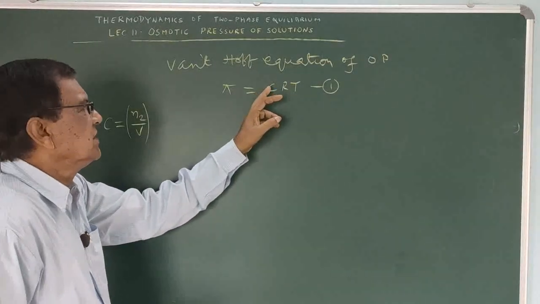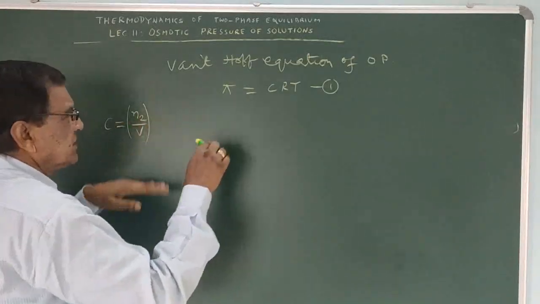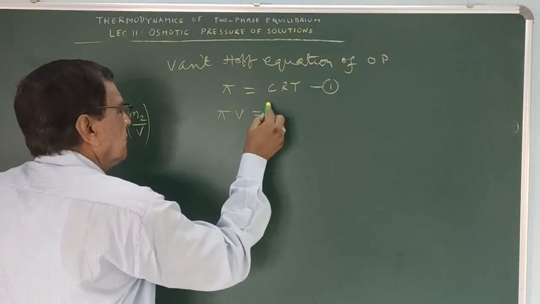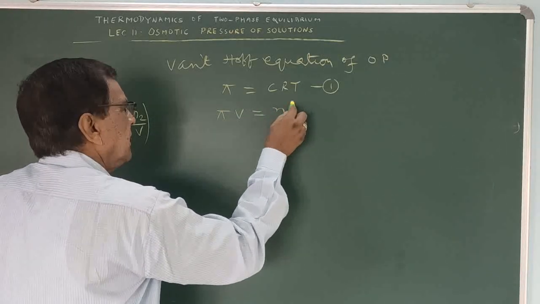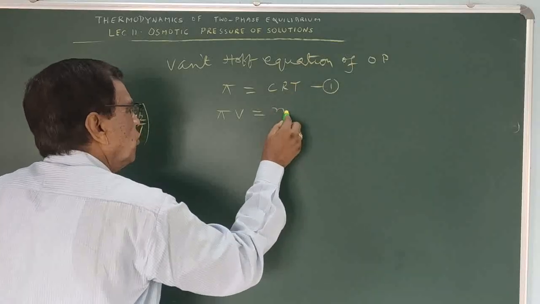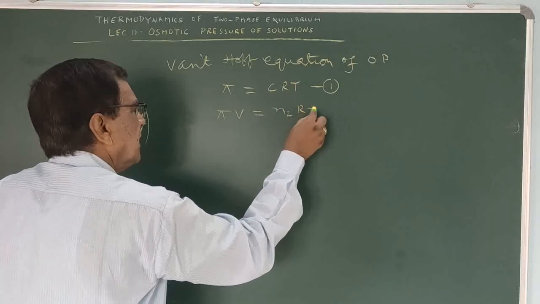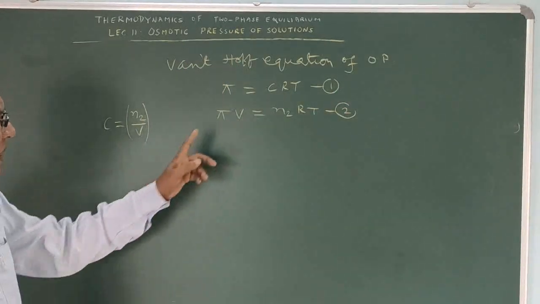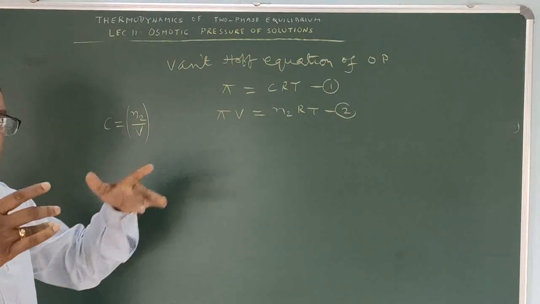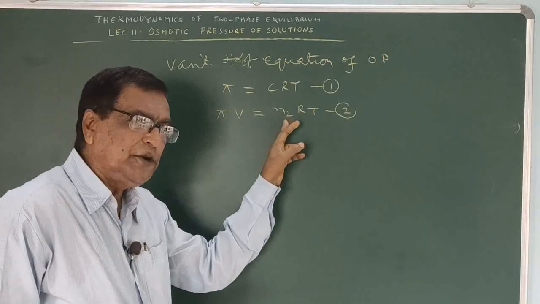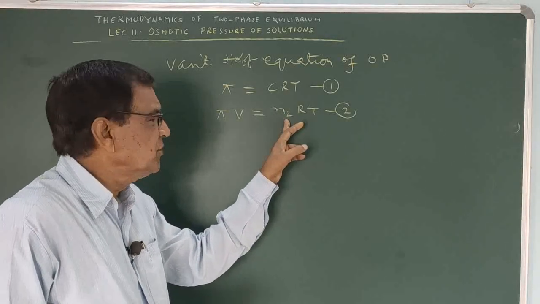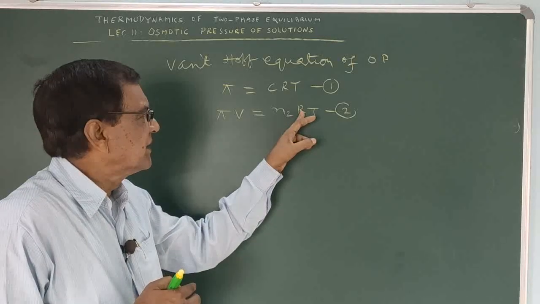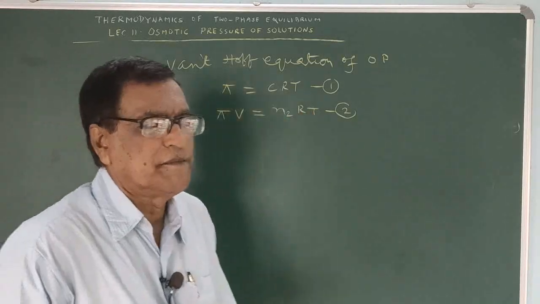So replacing this C and making some arrangement, we can write pi V equals N2 RT. This is equation number 2. Here pi is the osmotic pressure, V is the volume of the solution which contains N2 moles of the solute, the solute must be non-electrolyte, R is the gas constant, and T the temperature.